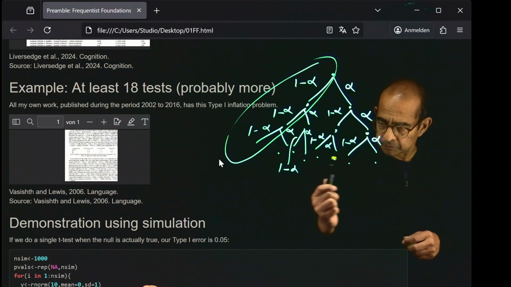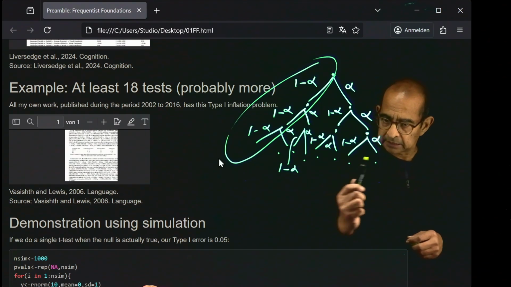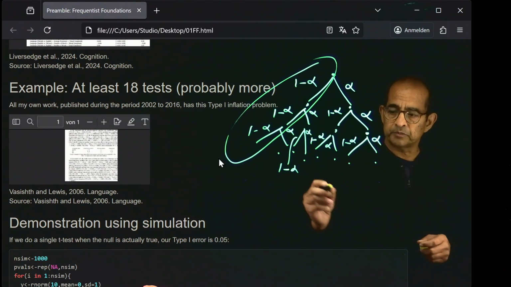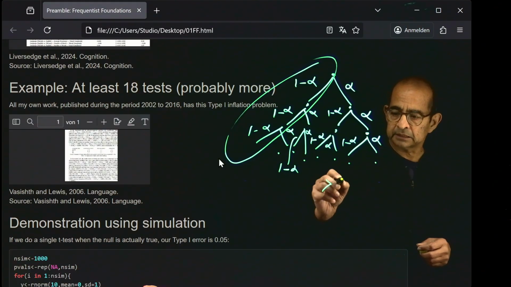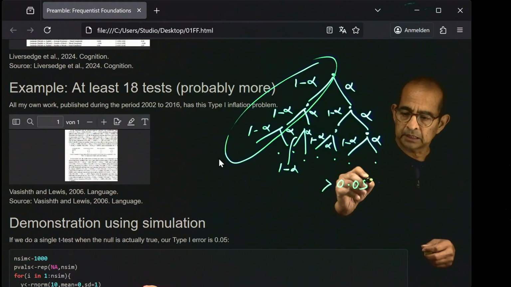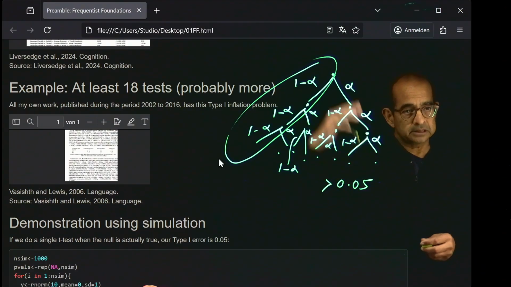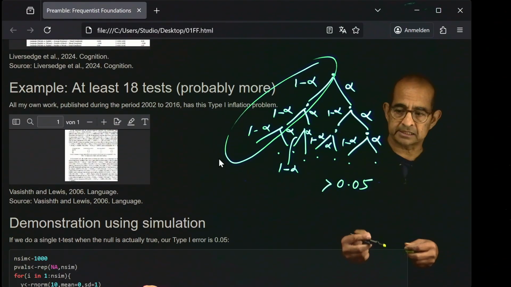So if I sum up all these probabilities in the leaves of this probability space, those summed up probabilities are going to be larger than 0.05. That's how the explosion in type 1 error happens as you increase the number of statistical tests.